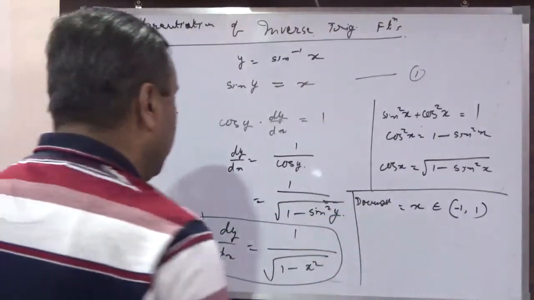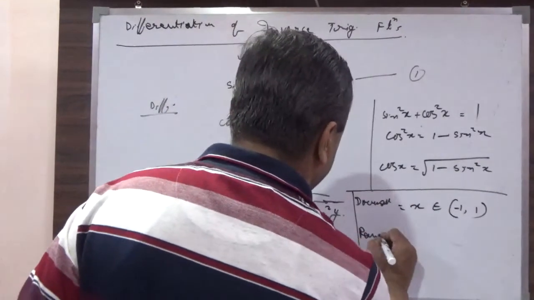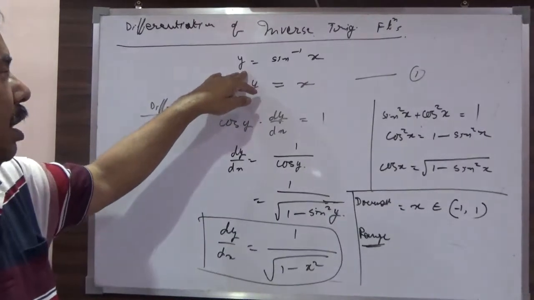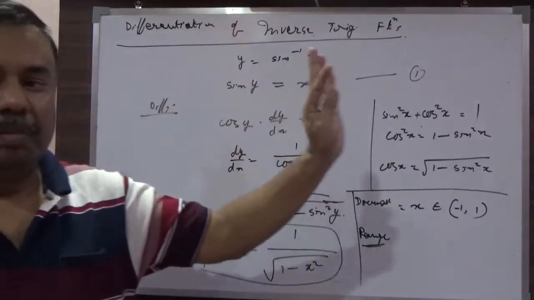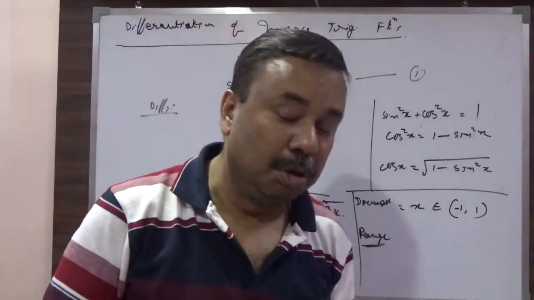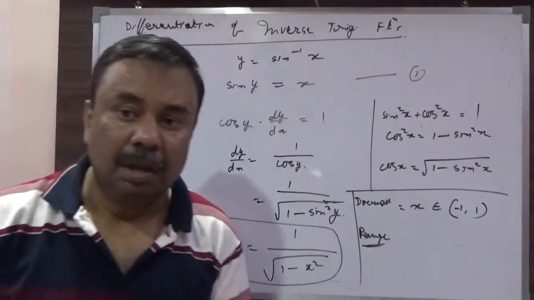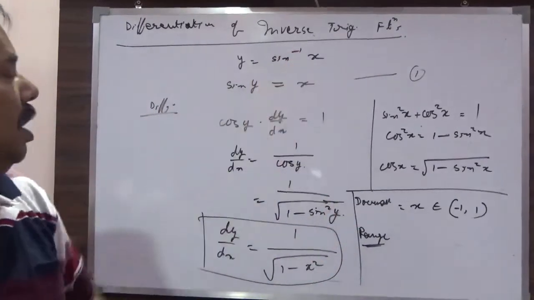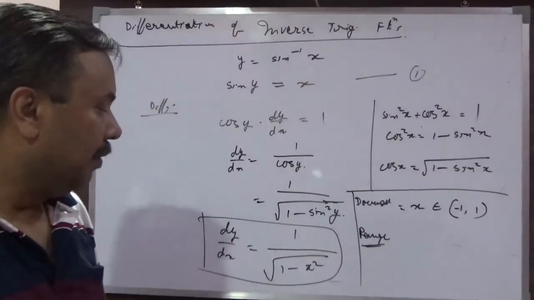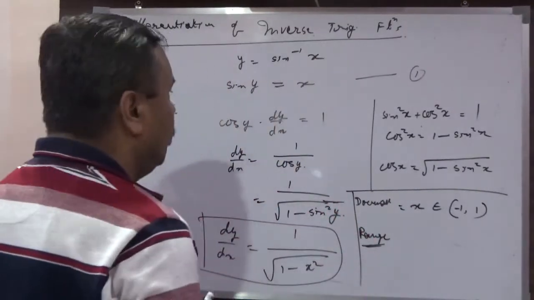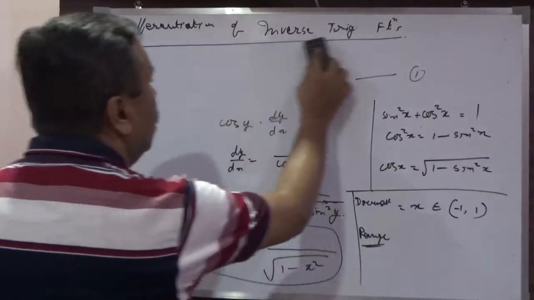Similarly, the range of the function is 0 to pi, but it should not be 0 and it should not be pi, otherwise it will become a different value. Now let's proceed further with cos inverse x.